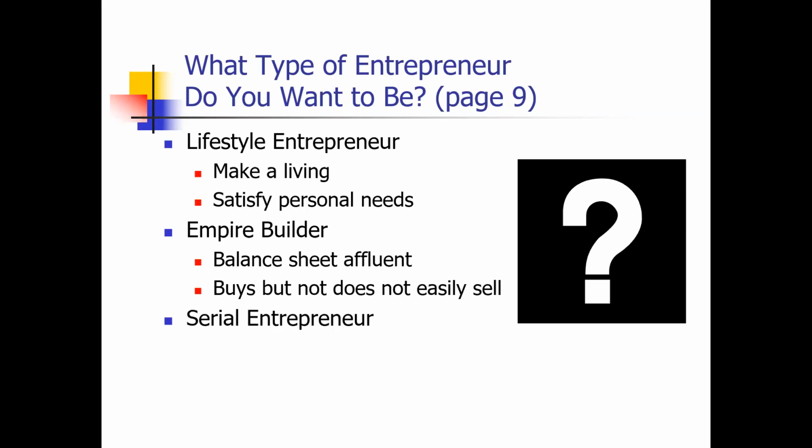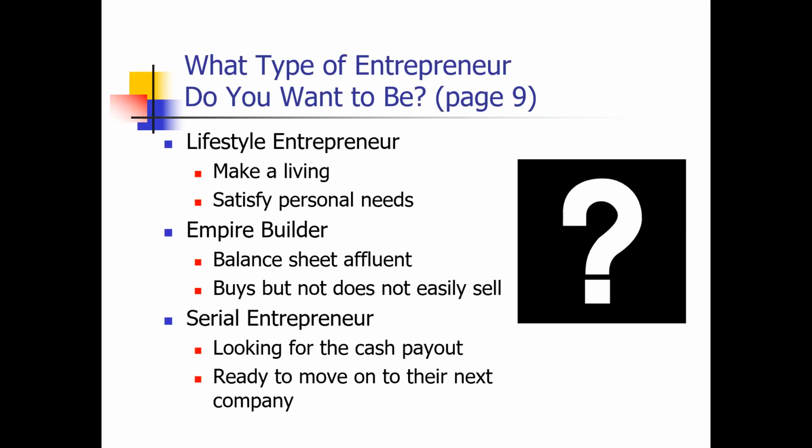Our last type of entrepreneur here is what's called a serial entrepreneur, and a serial entrepreneur is constantly looking for new projects. They're looking to sell their business that they build up or sell the product that they invented, and then to move on to another type of business or another type of product. My favorite show that I talk about in class is Shark Tank.